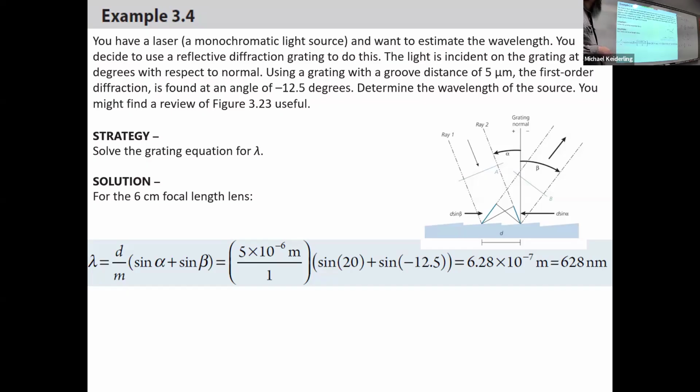In this case, m was n in the other equation, but m here is just 1, because it's the first order. d is the grating spacing times sine alpha plus sine beta. So 5 times 10 to the minus 6 meters over 1, times sine of 20 degrees plus sine of 12.5 degrees gives you 6.28 times 10 to the minus 7 meters, or 628 nanometers. So that would be the wavelength of that light.